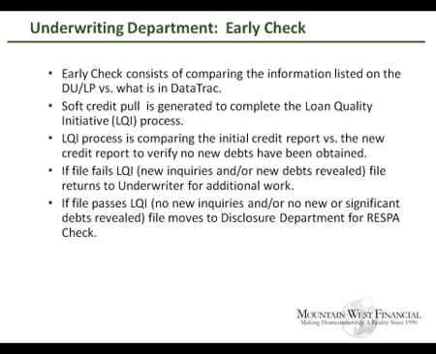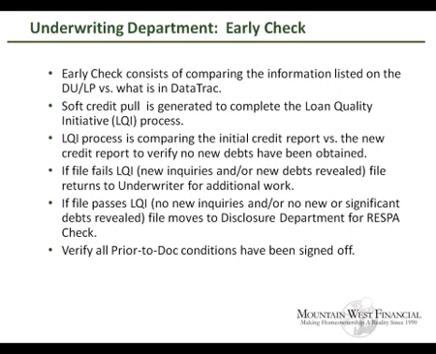If file passes LQI, file moves to the disclosure department for RESPA check. The LQI process also verifies that all prior to doc conditions have been signed off by the underwriting department. And then they also enter the ready for doc date into DataTrack.